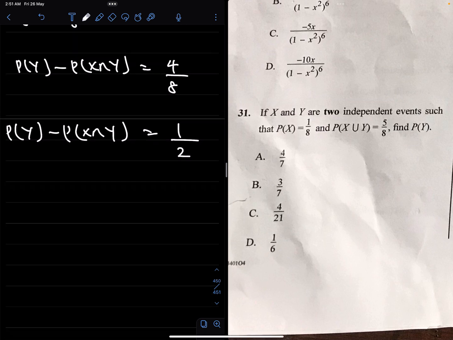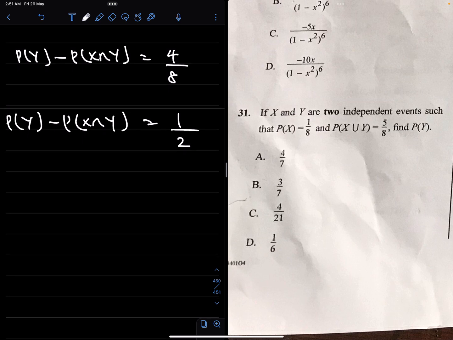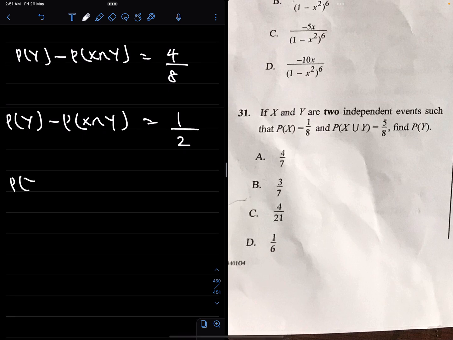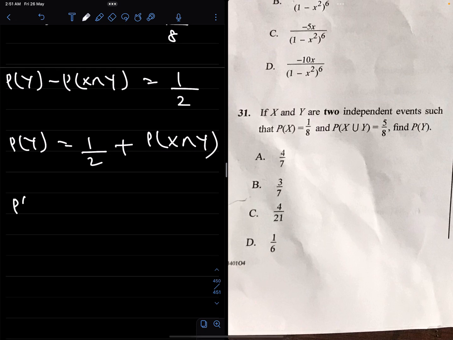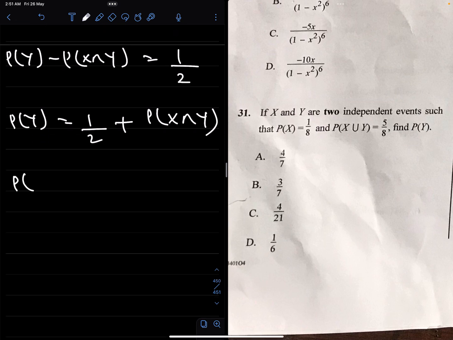Making the probability of y the subject, it is 1 over 2 plus the probability of x intersection y. Now if the two events are independent, the probability of x intersection y is the probability of x times the probability of y.